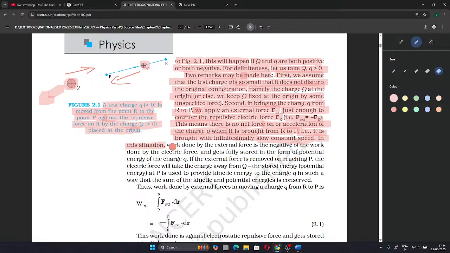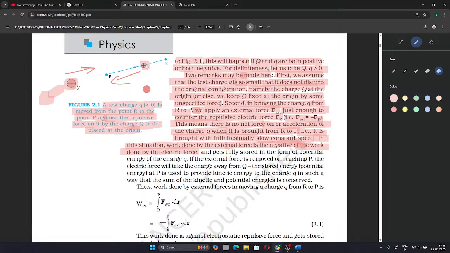In this situation, work done by the external force is the negative of the work done by the electric force. So as we saw here, where the external force is negative to the electric force, the same way the external work done is negative to the work done by the electric force.